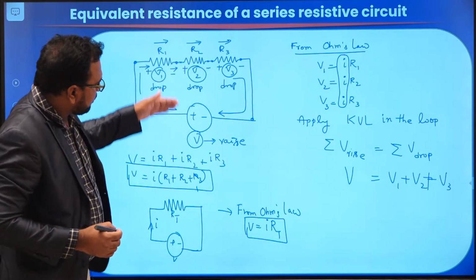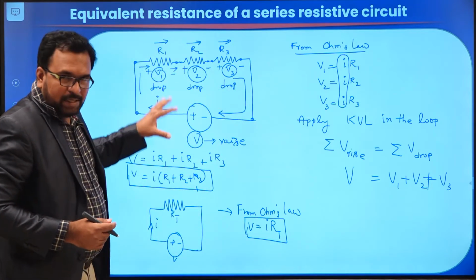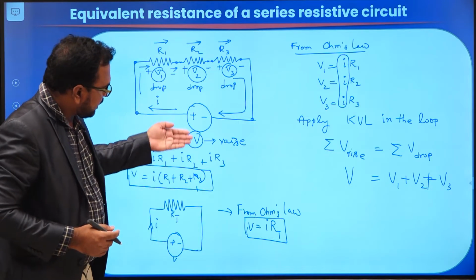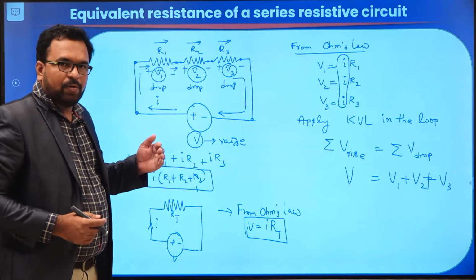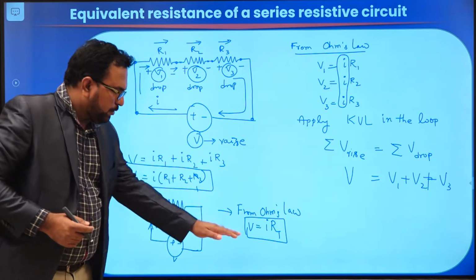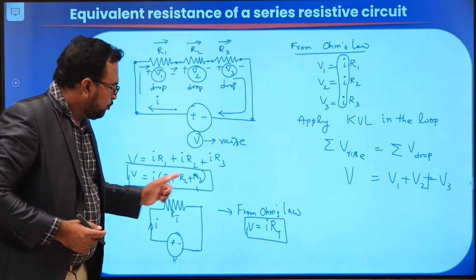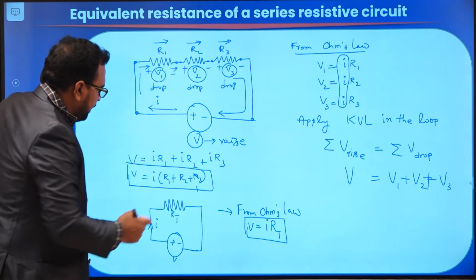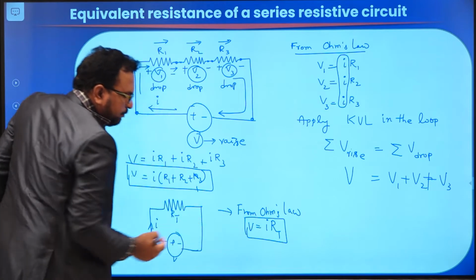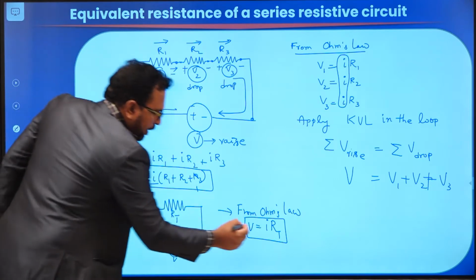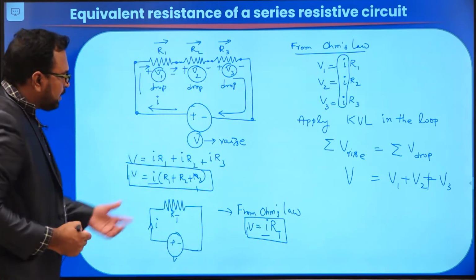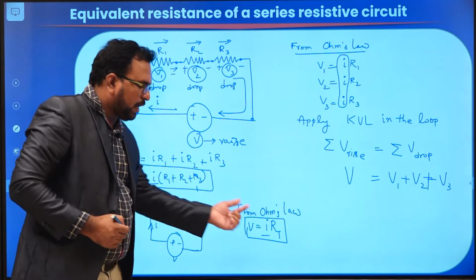Since both circuits are considered equivalent, because the same voltage is applied and the same current is going to flow, you can compare these two equations. When you compare these two equations, in place of V we have V, in place of I we have I. Next, in place of R1 plus R2 plus R3 we have RT.